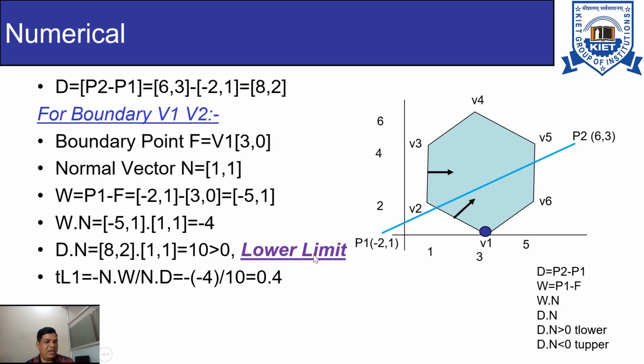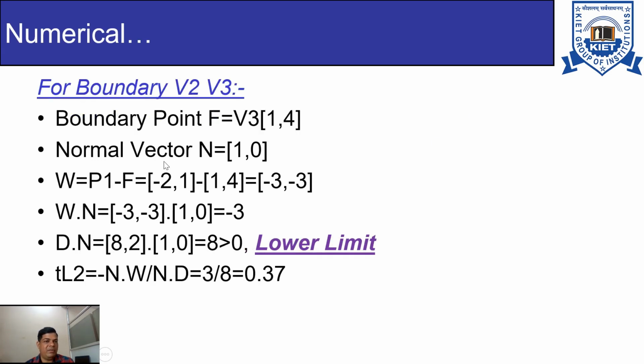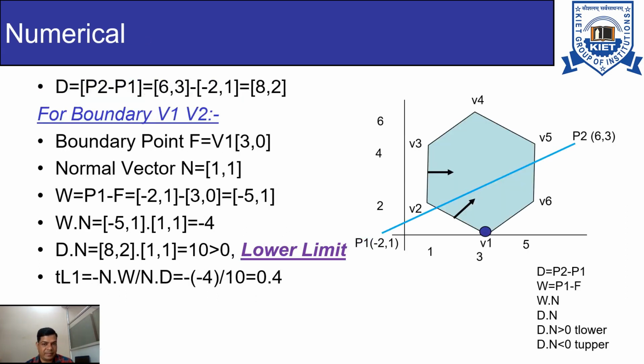So here we get a lower limit. T lower limit can be defined as minus n dot W upon n dot D, and it equals 0.4.